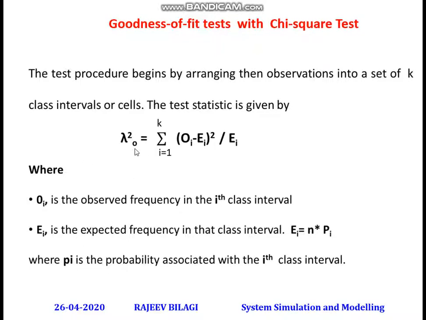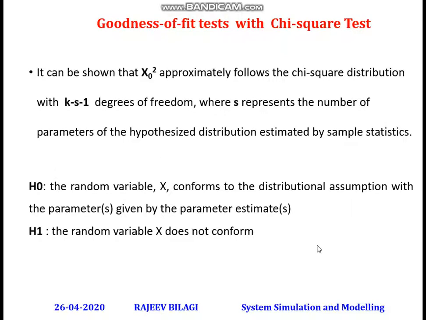Here lambda naught square equals sigma from 1 to k of (oi minus ei) whole square divided by ei, where oi is the observed frequency in the ith class interval and ei is the expected frequency in that class interval. Here ei equals n into pi. This is where we talk about the expected value, where pi is the probability associated with the ith class interval. How to find this probability, we will see.